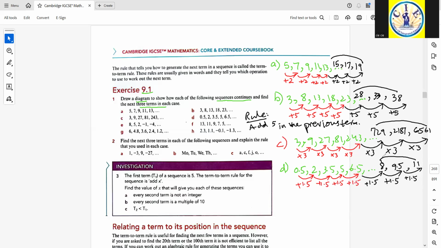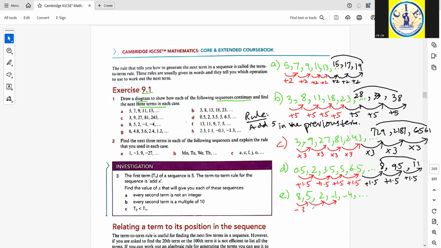Okay, now for part E, 8, 5, 2, -1, -4, and so on. From 8 to 5, from 5 to 2, from 2 to -1.